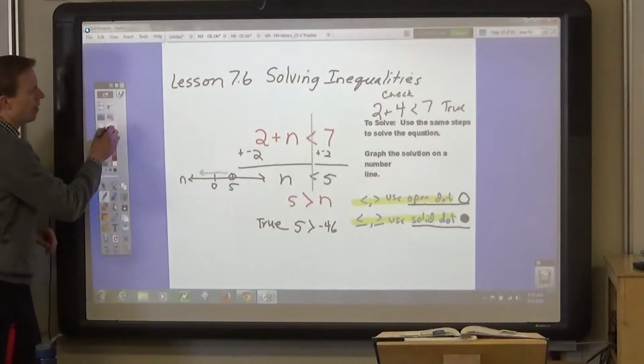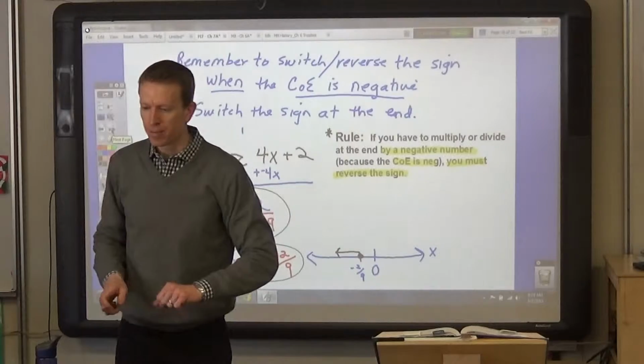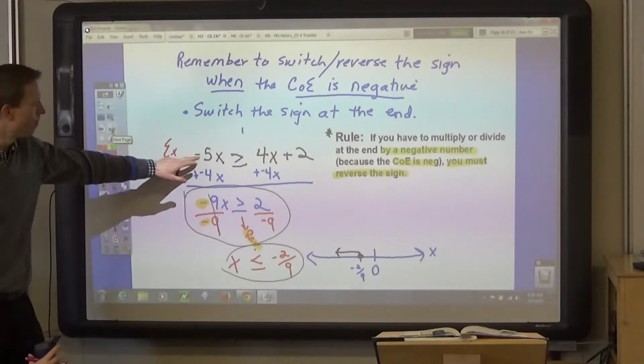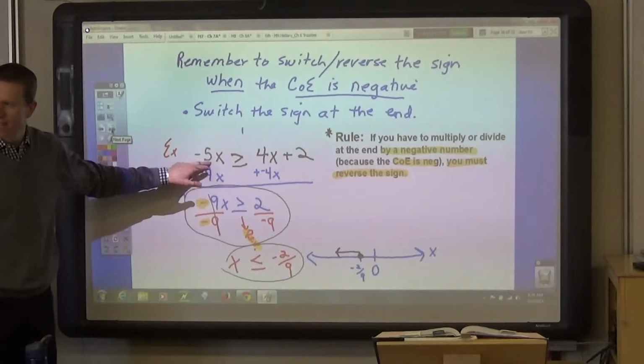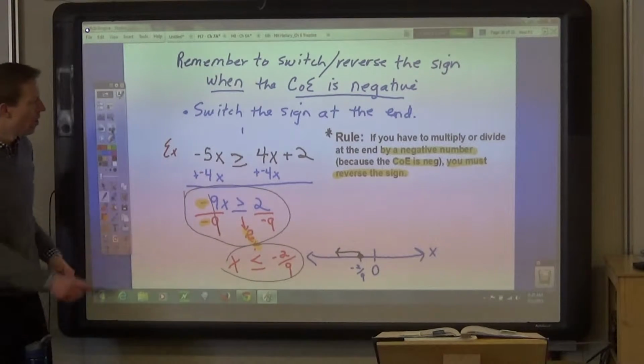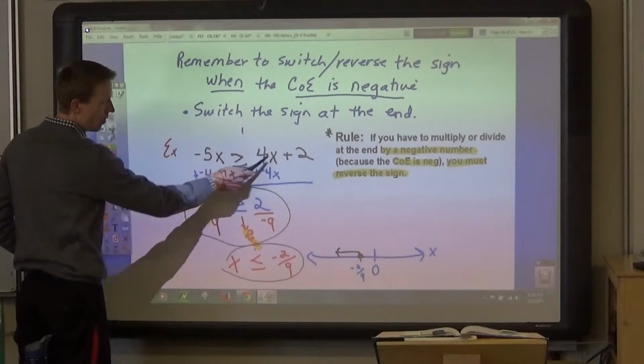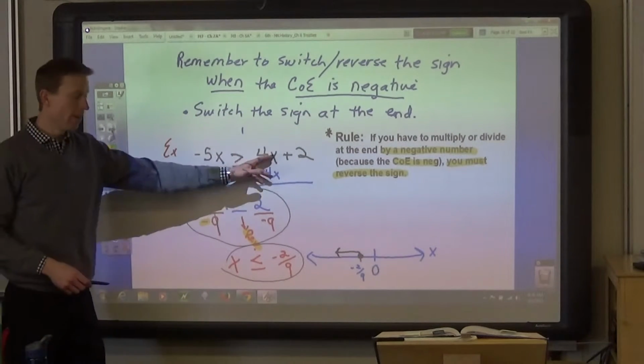Okay? Now, sometimes in these inequalities, you have a negative number next to the variable, a negative coefficient. Now, when we solve this, let's say we've got the two variables, we've got one on each side, right?